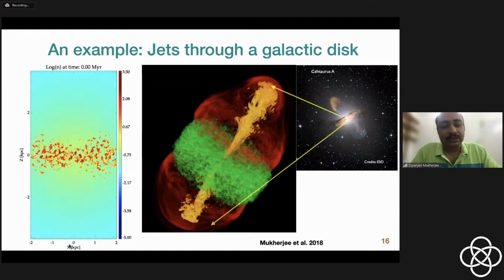The scales are in kiloparsecs, so the radius of this gas disk is 2 kiloparsec. We have a jet that is coming out from the center. It is interacting with the gas here and then coming out.